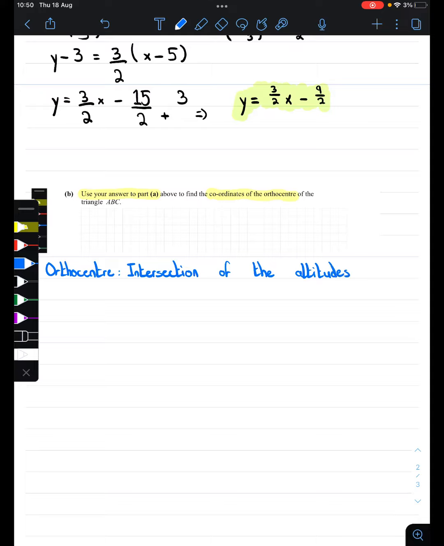Well, that raises a question: what are the altitudes? They're actually exactly what we just did in the previous question.